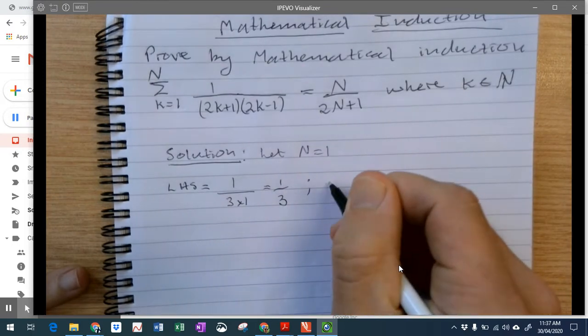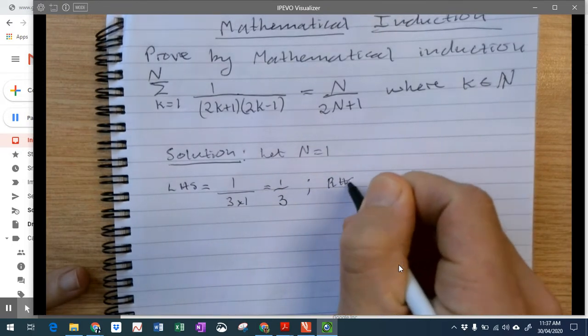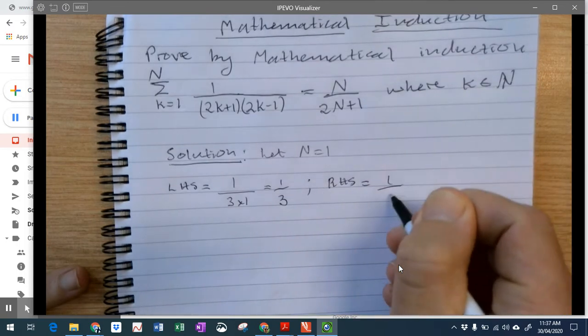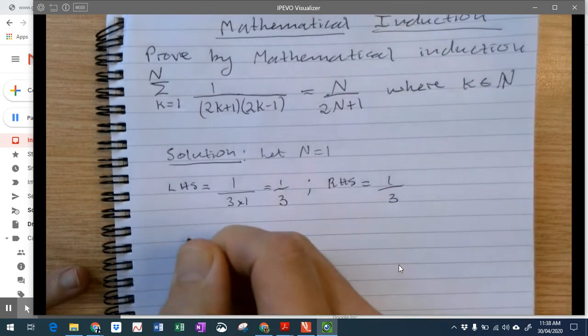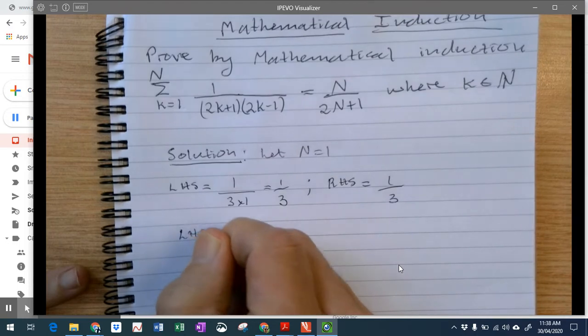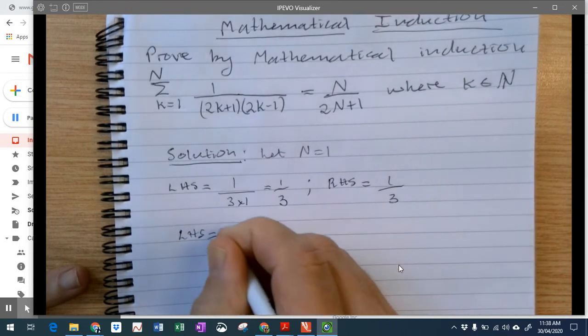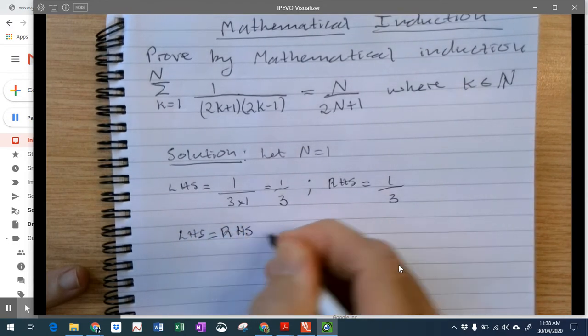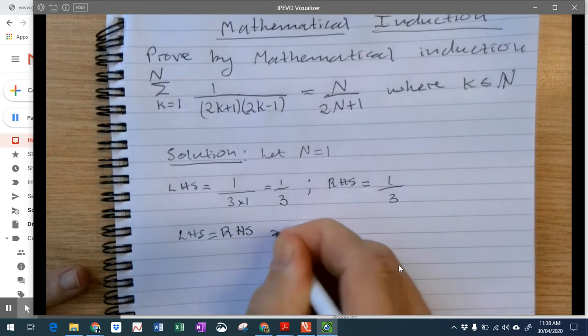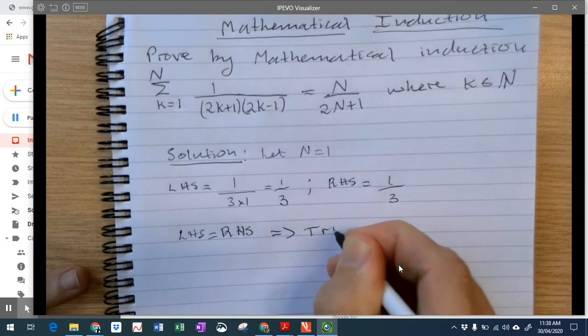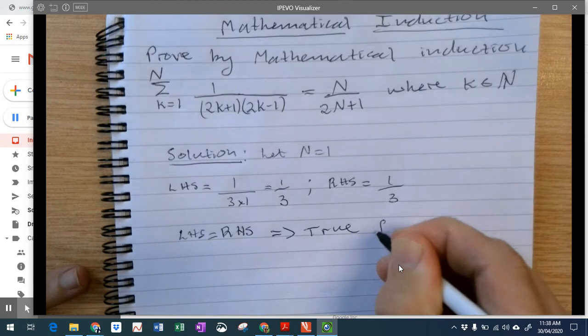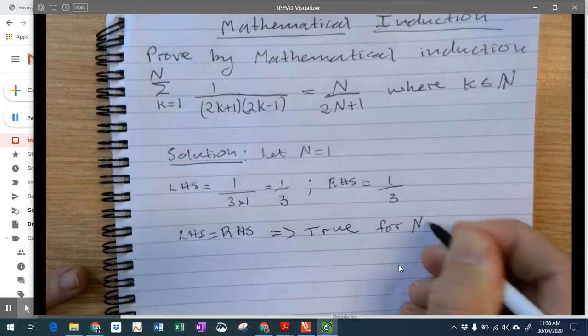And then on the right-hand side, you'll have 1 over 3 as well. So left-hand side equals right-hand side, which implies true for n equals 1.